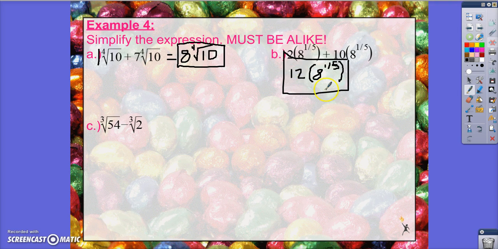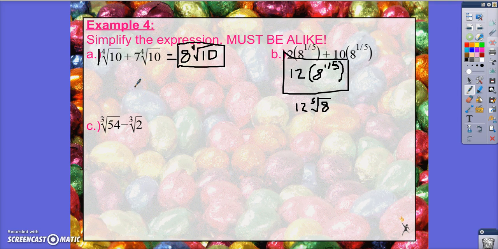If you don't like the rational exponent, isn't that the same as saying this? So it's really a personal choice here. If you're okay with converting between both types, that's fine. If you would want to rewrite it as the fifth root of 8 like this, you can do that as well. Same idea though.